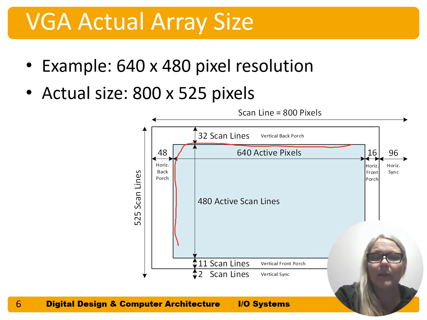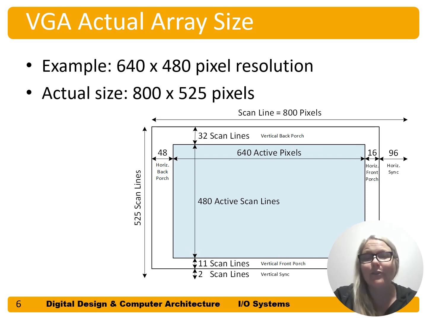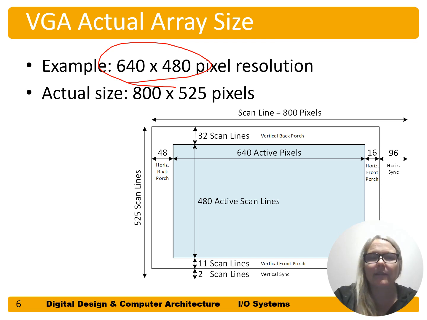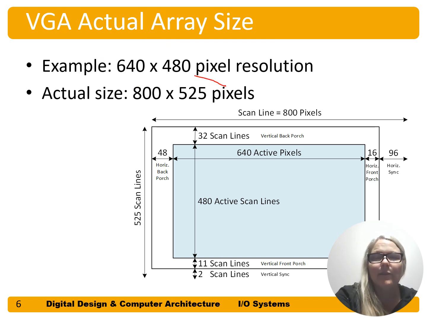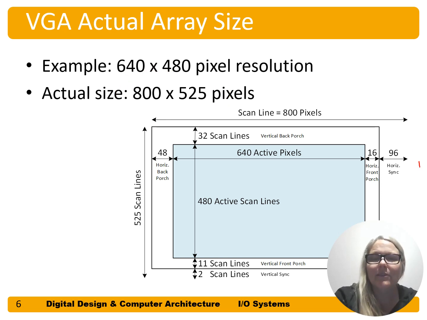The ones in blue here are what we see, but we have to also account for those in our timing and in our code. Okay, so again, the actual display shows 640 by 480 pixels, but we have to manage 800 by 525 pixels to account for the back porch, front porch, and these synchronization times.